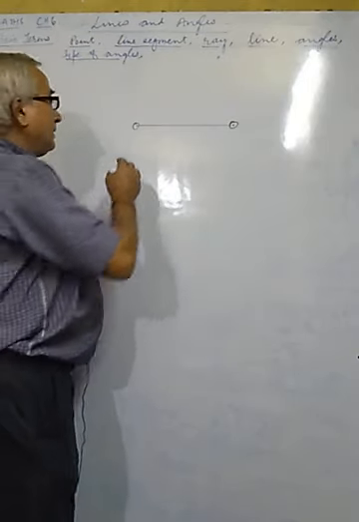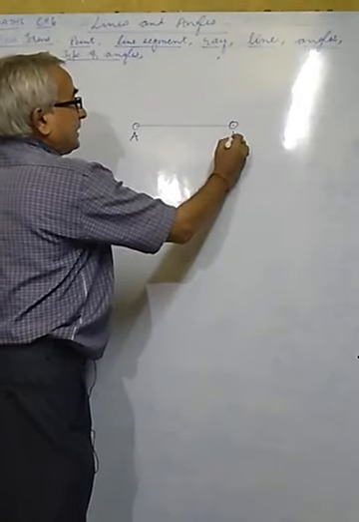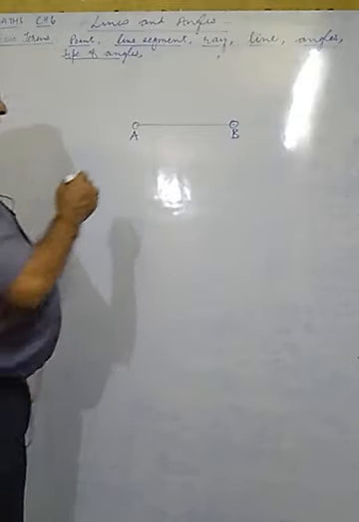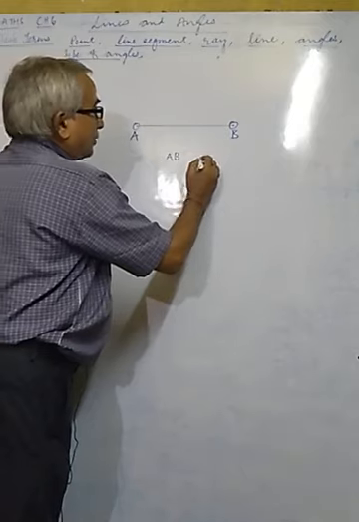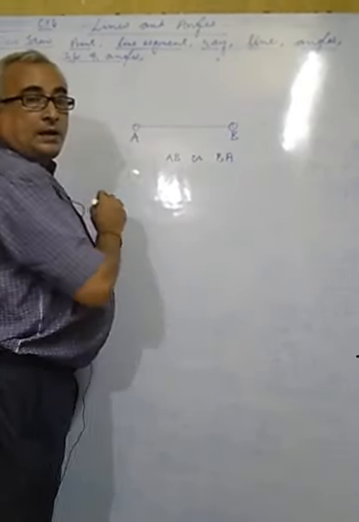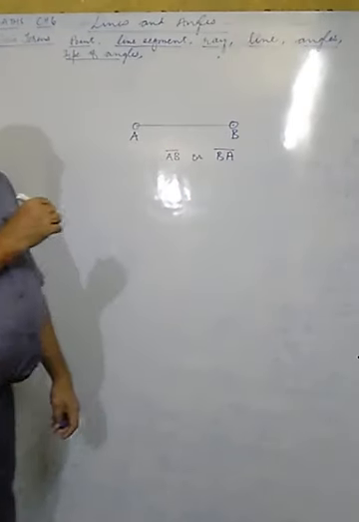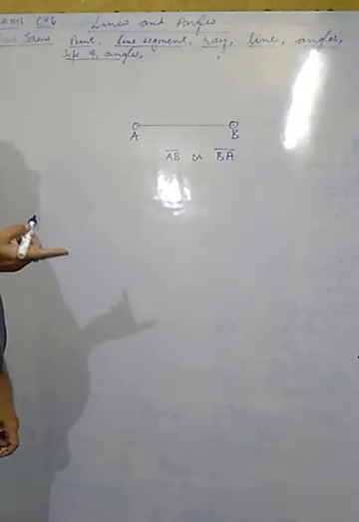So one capital letter will be taken here and a second capital letter here. It will be noted down as A and B, or you may write B, A, and the symbol of line segment will be there. So either say line segment AB or line segment BA.